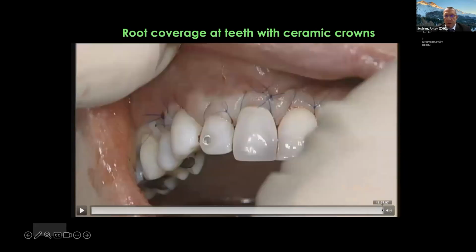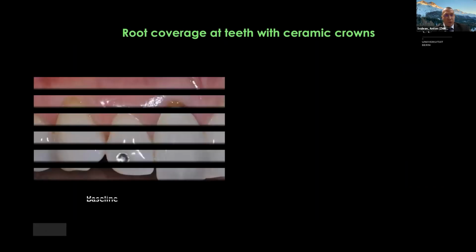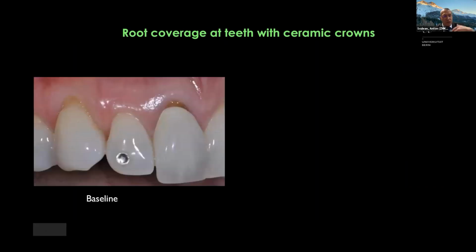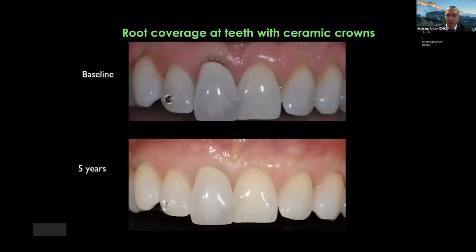And this treatment will end up in a stable situation. A very stable, complete coverage of these defects, stable over several years. Of course, I also did the other side at a later time point.